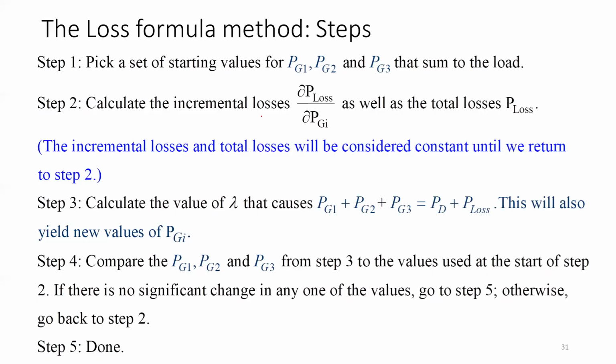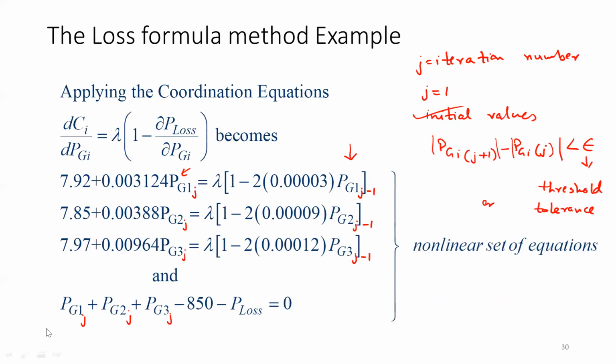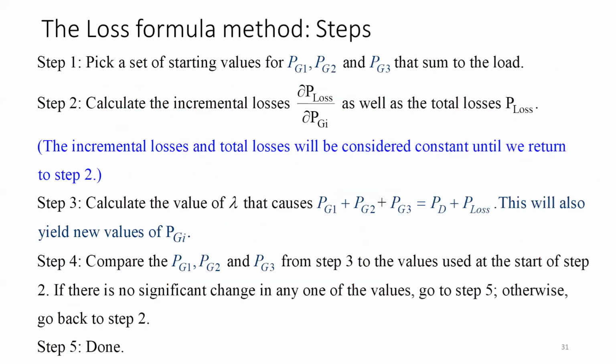Then we have to calculate the incremental loss, dP loss by dPGi. So if you see, dP loss by dPGi essentially is this portion. You have to calculate this dP loss by dPGi, or I can say that only this portion. Why only this portion? Because you see only this portion is related to your initial value. Your rest of the parameters are not related to your initial value. Okay, so only this portion is related to your initial value, as well as total P loss.